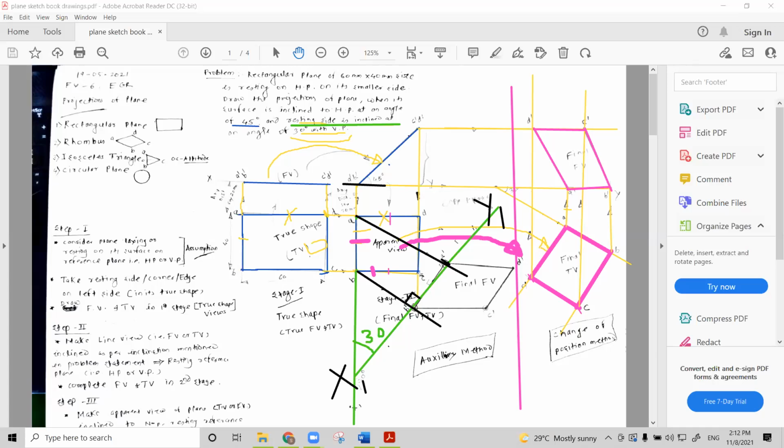Similarly, take the projection from C and D. Draw a line of random length. Then you have to have measurement of distance. How much is the distance from the XY line of points C and D?